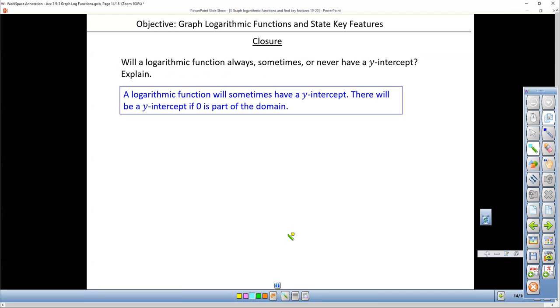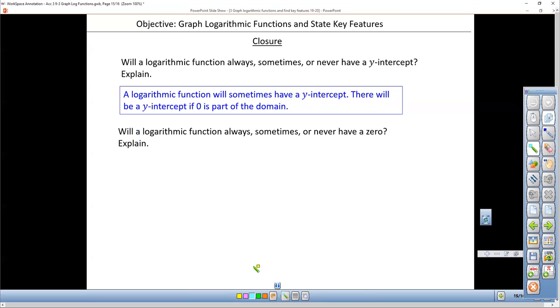So it depends on where our vertical asymptote is. If 0 is part of the domain, then we'll have a y-intercept. If 0 is not part of the domain, then we will not have a y-intercept. So there is sometimes a y-intercept for these logarithm functions.